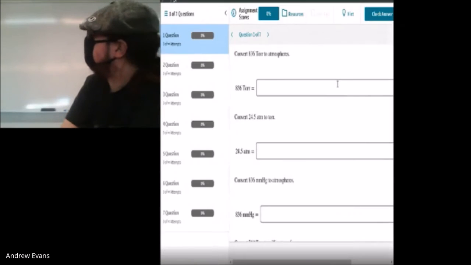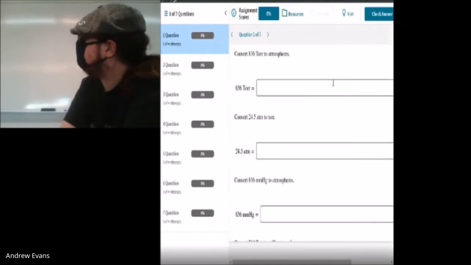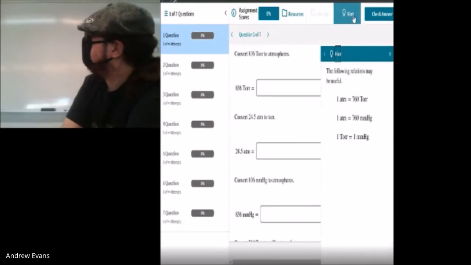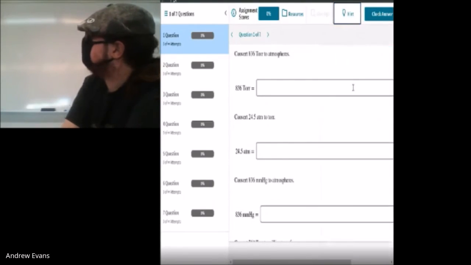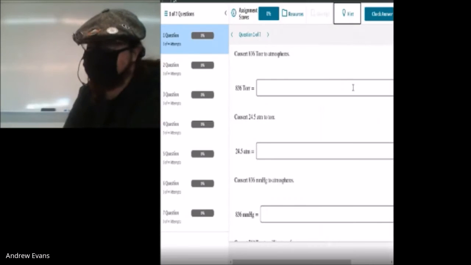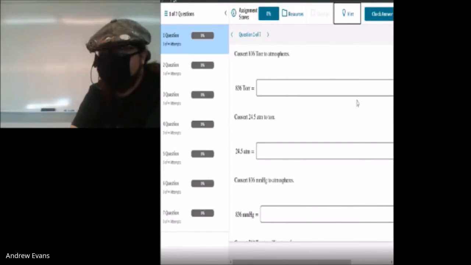The first problem is just a simple conversion one. We're going to practice our conversions between many different units. They'll give you the hint that there's essentially 760 torr in an atmosphere. So with that in mind, let's see.